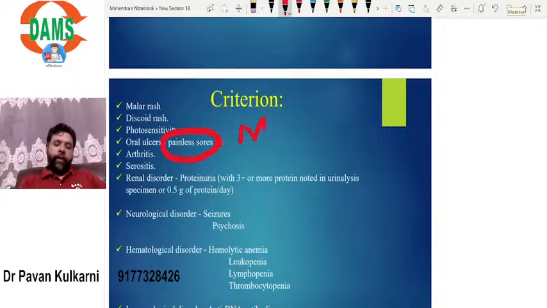This is an important MCQ you are supposed to remember. Along with that, the patient will have other criteria like malar rash, which we have discussed, discoid rash, and photosensitivity.